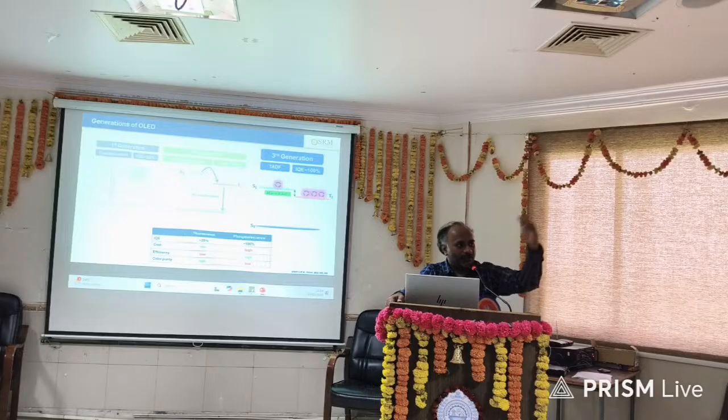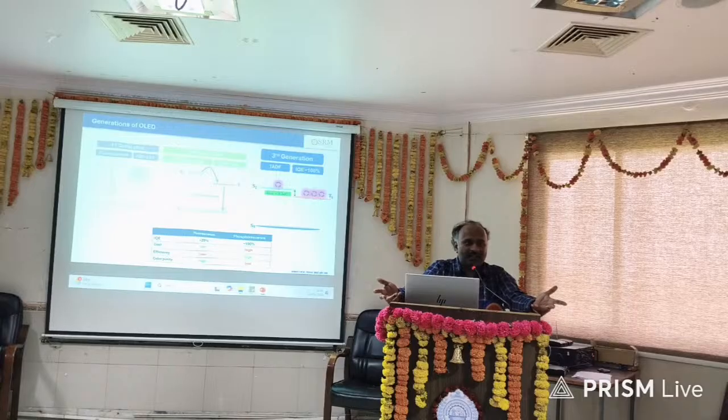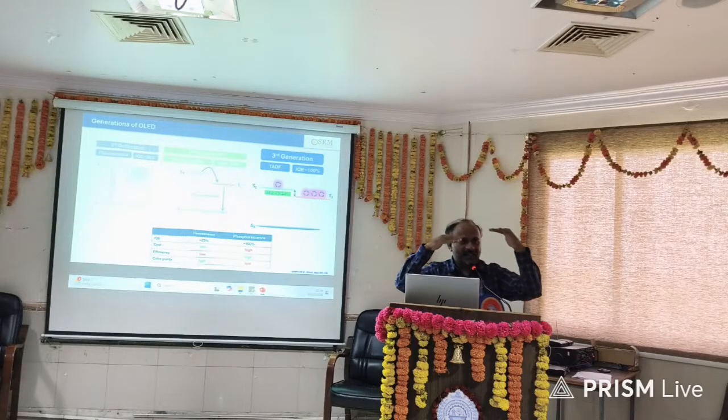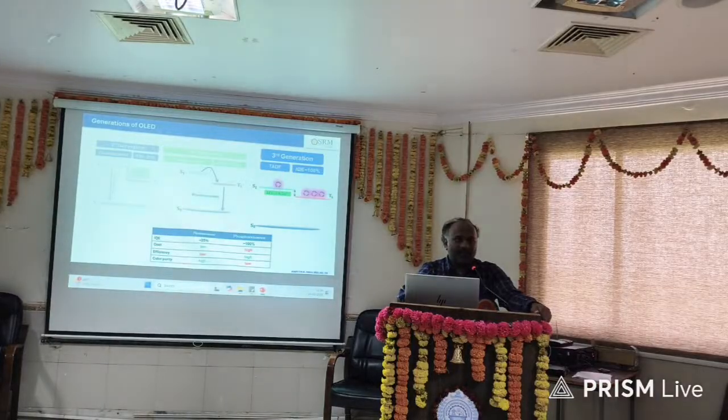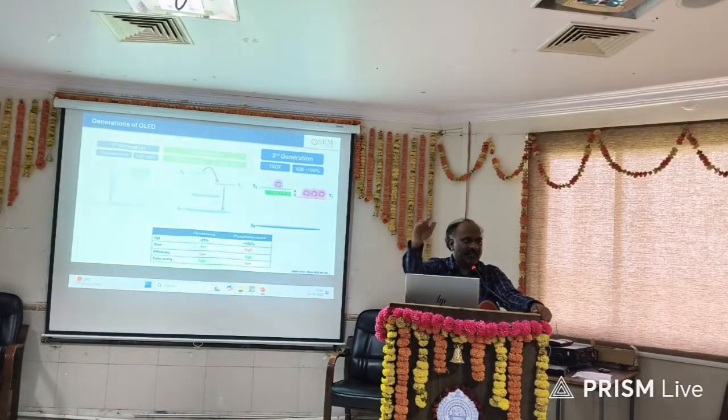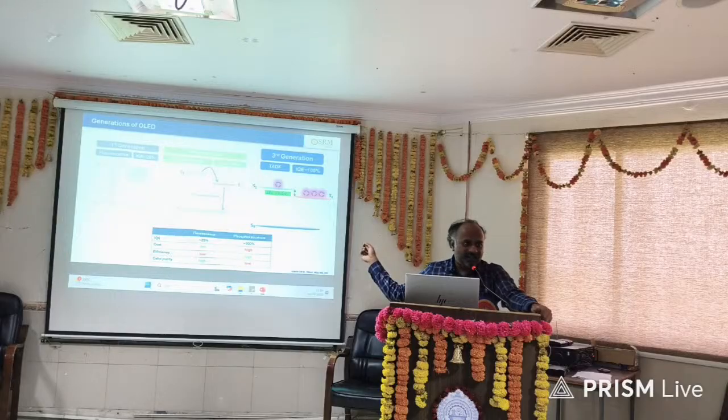But going from down to up, an up conversion, is thermodynamically not a feasible process. So in order to make the thermodynamics easier, what people proposed is that the energy gap between the singlet state and triplet state should be very, very small, so that even room temperature is sufficient to take them to the singlet state. That is why the energy gap delta EST, between the singlet state and triplet state, should be very small, so that the triplet can be up converted to the excited state.